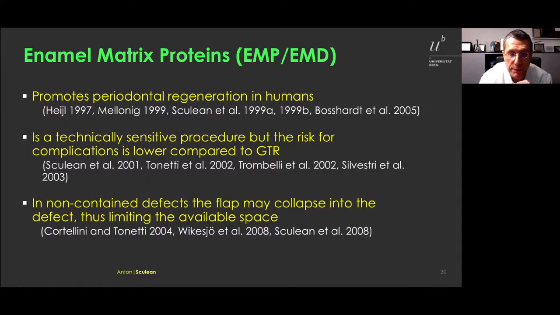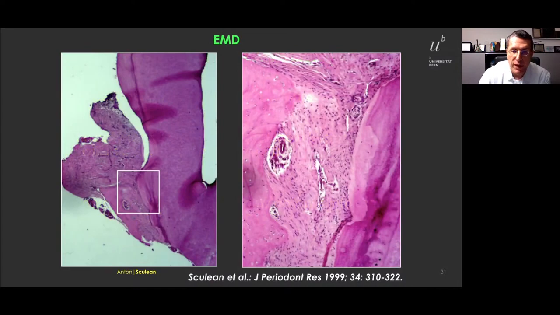One problem that may be associated with enamel matrix proteins is that in very large defects, called non-contained type defects, the flap may collapse into the defect and may limit the available space for the regeneration process. Look at this example.